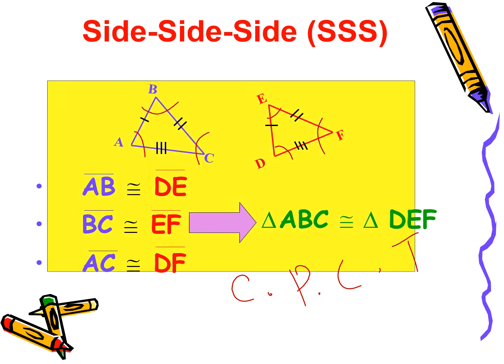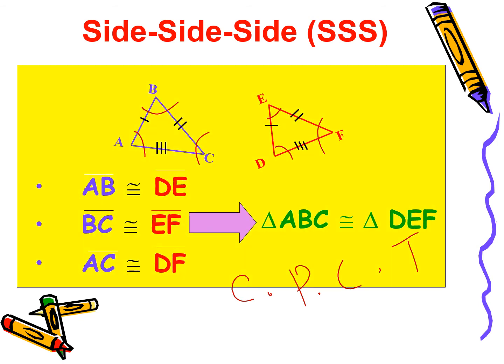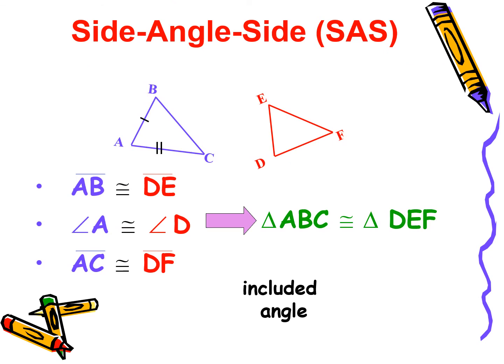The second condition is SAS. If two sides and the included angle of a triangle are equal to the corresponding two sides and included angle of another triangle, then the triangles are congruent.